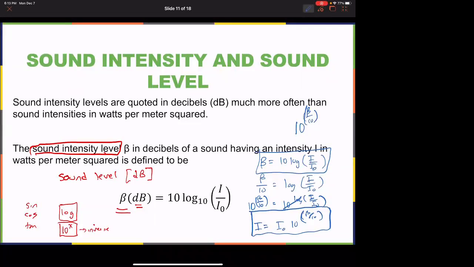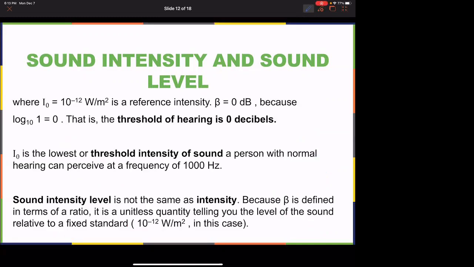That's a good question. That's what we're going to get to in the next slide. I naught is a constant value. It's the threshold of hearing. That's I naught.